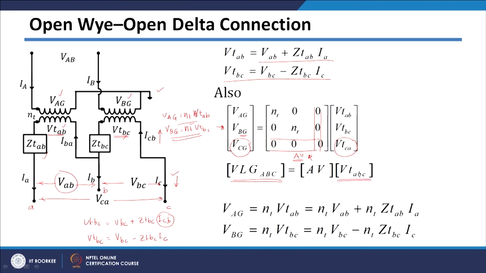On this side this is VT ABC. Now for these two equations, I can multiply this equation everywhere, on both sides, by NT, and we know that NT multiplied by this will be VAG and this is VBG. So after multiplying by NT, I am getting two equations, which I can then put into matrix form.